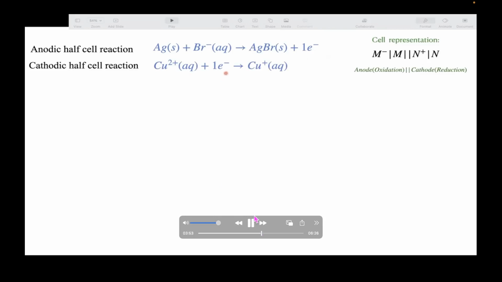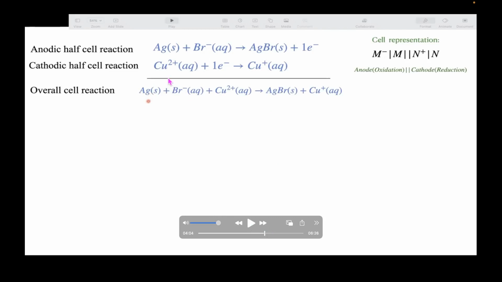And then this is a cathodic half cell reaction where reduction will take place, that is a gain of electron will be there. So my copper 2 plus aqueous, a positive ion, my cation will take 1 electron and get reduced to copper plus, that is again in aqueous form.